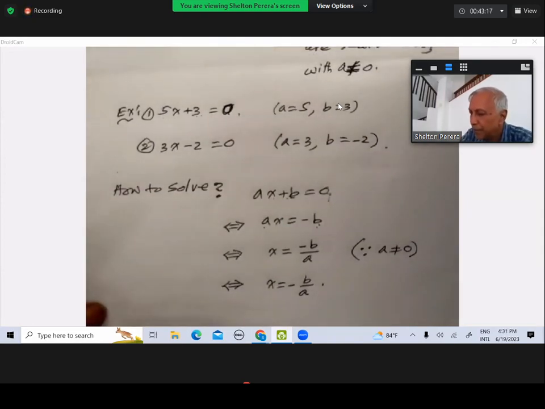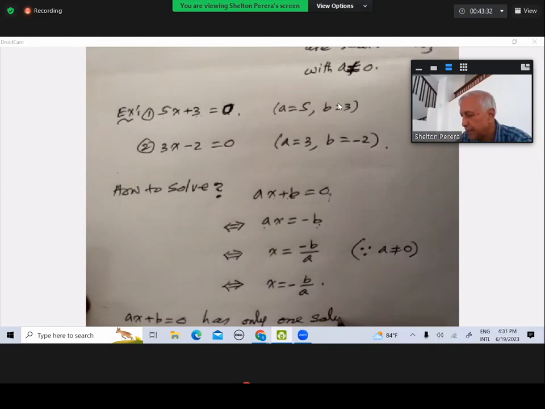Therefore, ax plus b equal to 0 has only one solution. It is x equals negative b over a.